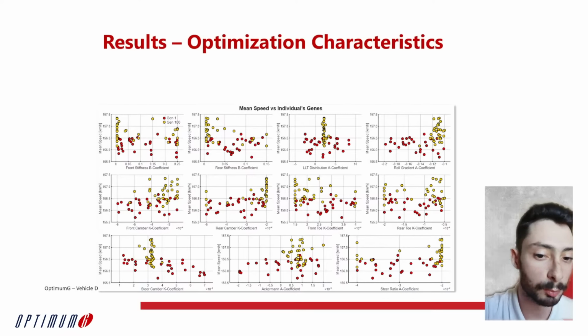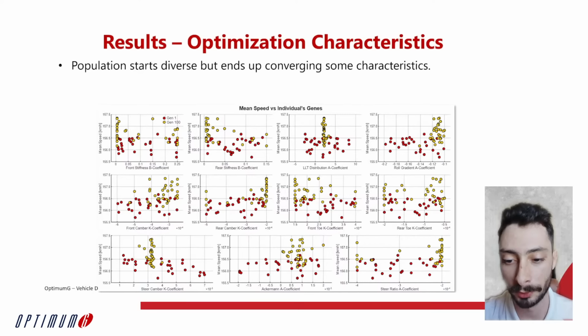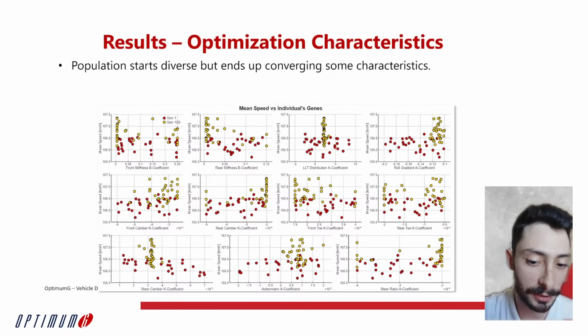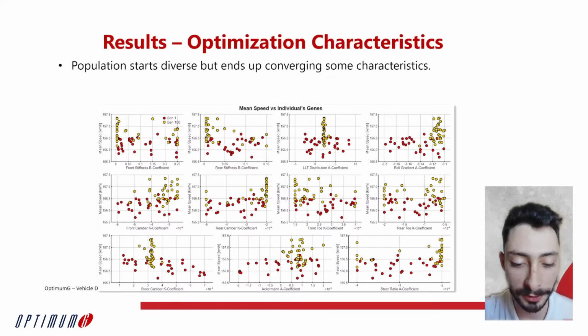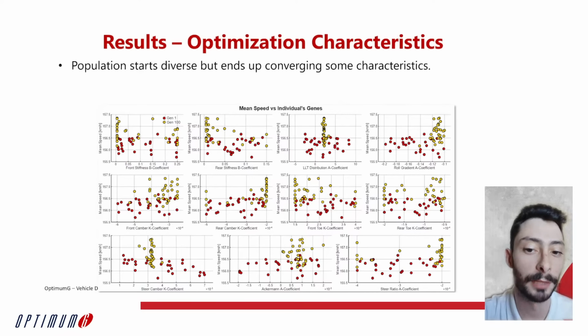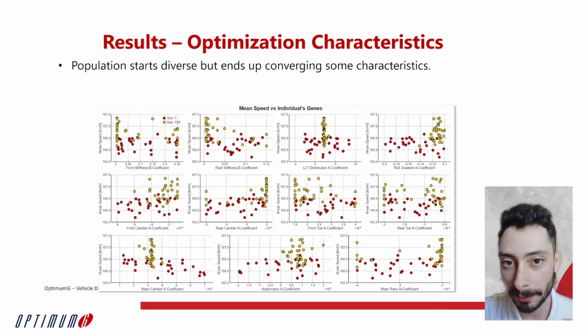The idea behind this plot is to try to understand some aspects of the optimization procedure itself, the quality of the optimization process. We can very clearly see that initially our population is very diverse, so we don't have any particular trend in any of the different kinematics aspects that we are aiming to optimize here.